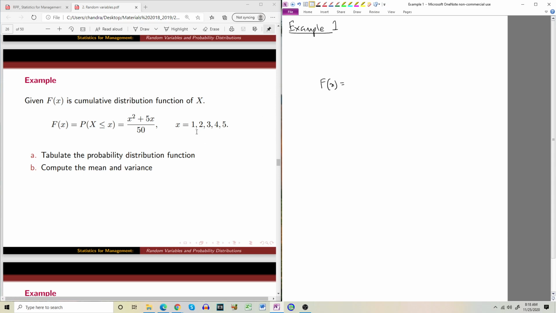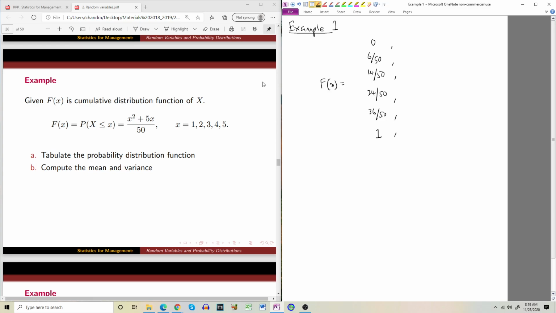If x equal to 1, you replace inside here. x equal to 2, x equal to 3, x equal to 4, and here will be 1 and 0.